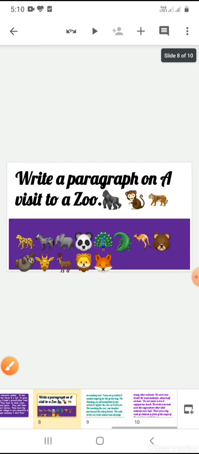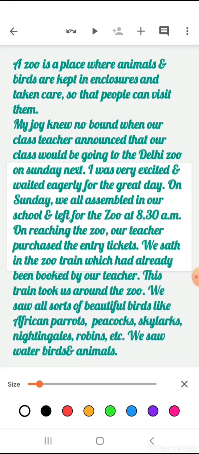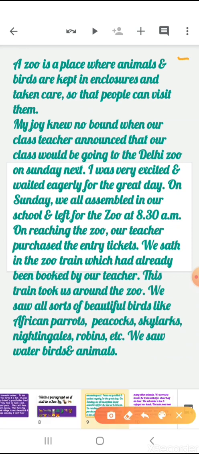So, this paragraph is on a visit to a zoo. First, the few lines tell us about the topic sentence, that this topic is related to the zoo, the main idea of the topic.